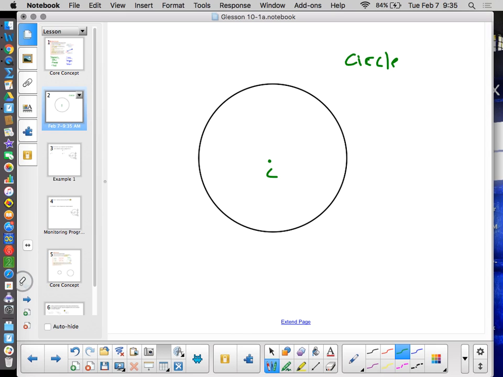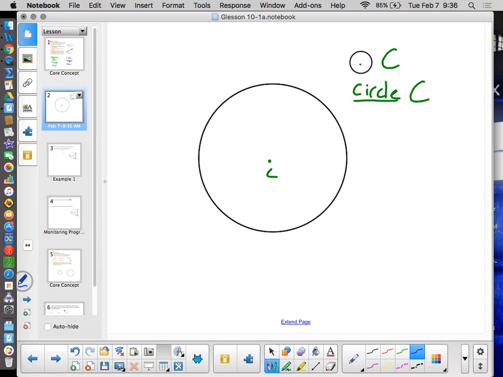I'm going to call it circle C. Sometimes they use a symbol here, a circle with a dot in the center, C, but quite honestly, it looks like a letter O to me, and it's always very confusing, or maybe a single eye staring at me, which is kind of creepy. So I don't use that symbol very often. I just use the word circle C to name it. We use the center point of the circle.